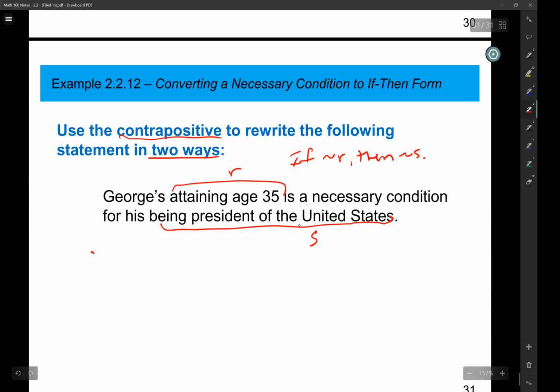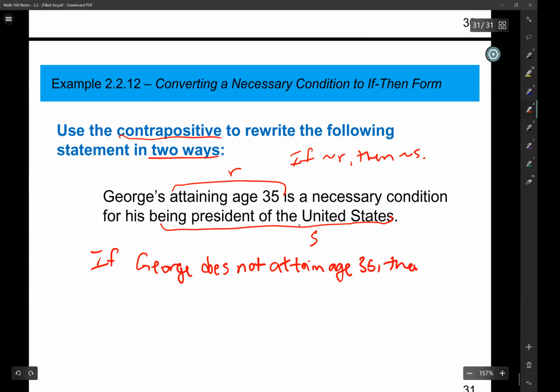So that would say if George does not attain 35, which means he's 34 or younger, then he can't be U.S. president. Okay. So that's the equivalent way of saying that.